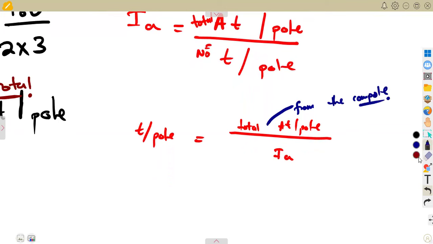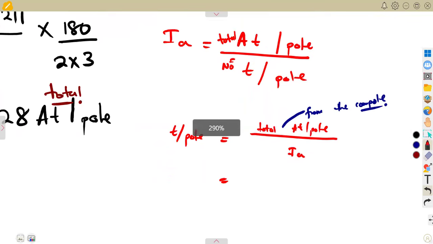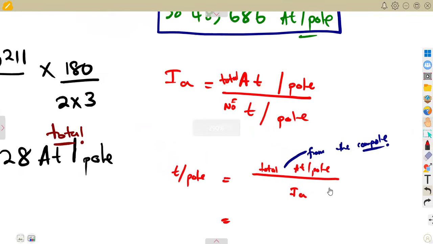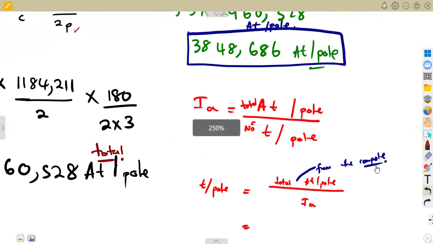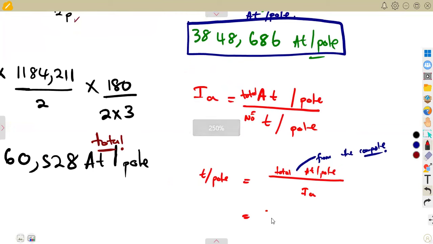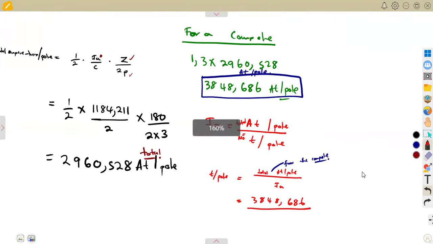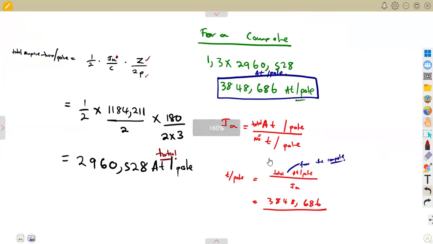That is what you have to consider there. So with this total, which is the one that we calculated before, 3848.686, you are just going to take this as it is divided by the armature current. Do we have the armature current? We have this armature current.